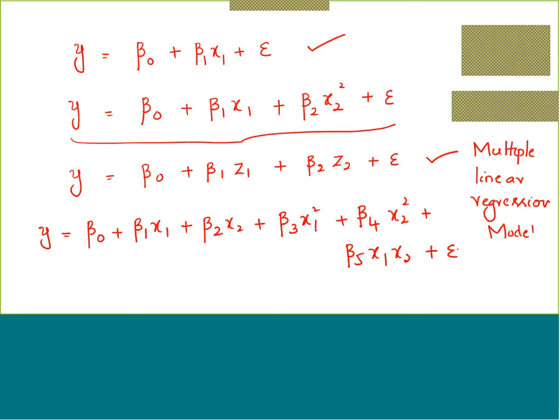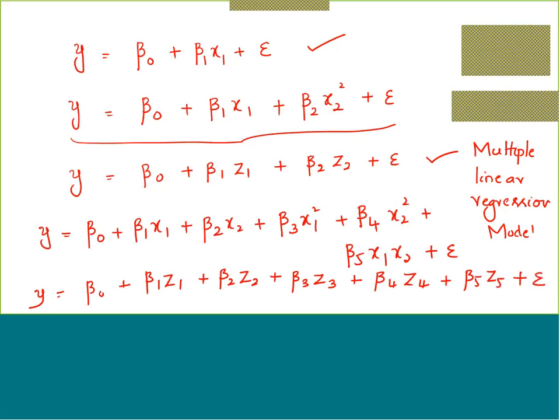Then still it can also be written as y equal to beta naught plus beta 1 z1, z1 is x1, plus beta 2 z2, z2 is x2, plus beta 3 z3, z3 is x1 square, plus beta 4 z4, z4 is x2 square, plus beta 5 z5, z5 is x1 x2, plus epsilon. This is again a multiple linear regression model.